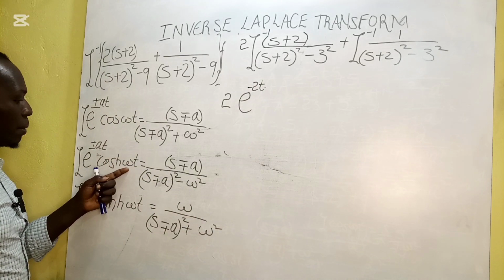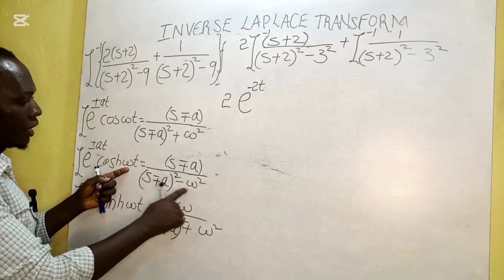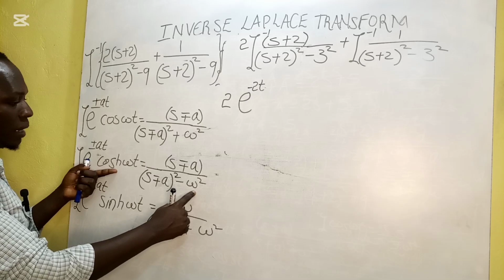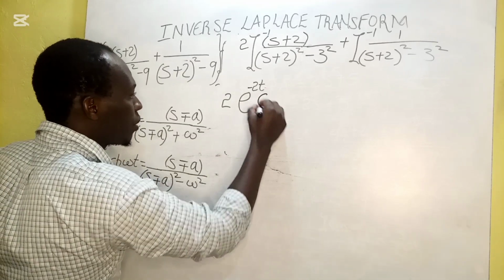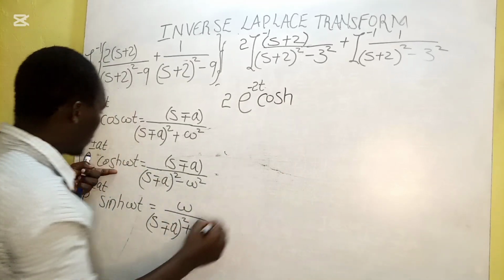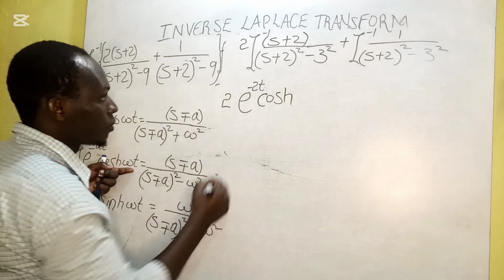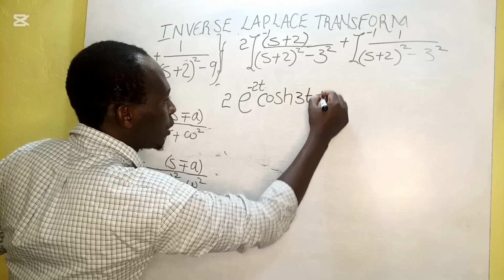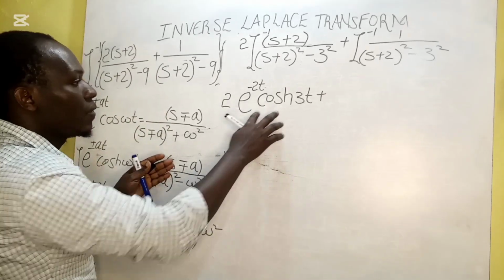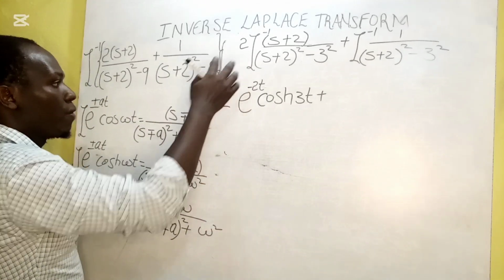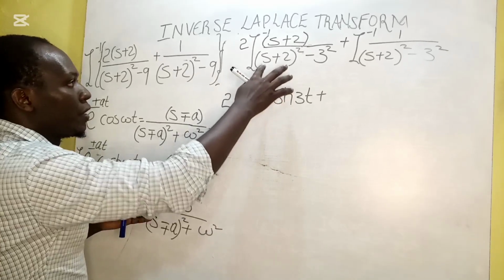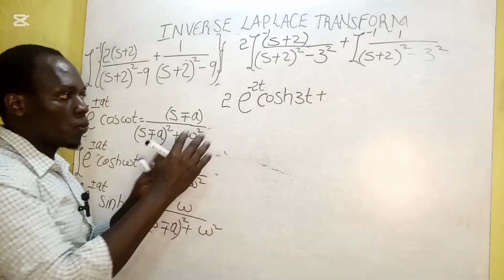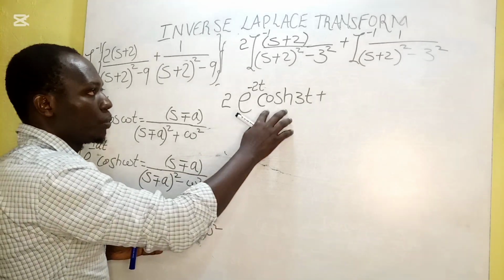Cos hyperbolic of our angle here. Here we are having a negative to mean that it must take the hyperbolic function, and now we are going to have the cos hyperbolic 3t. We come and add to, this is now the inverse Laplace transform of our function here. The inverse Laplace transform of our function here is equal to whatever we are having at this point.